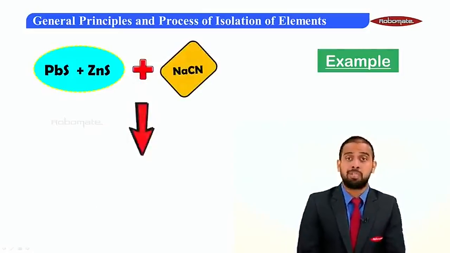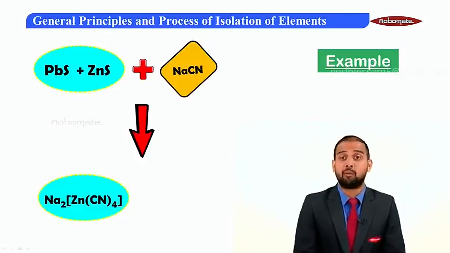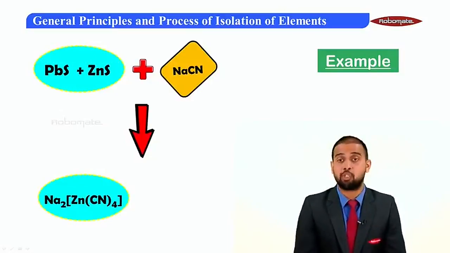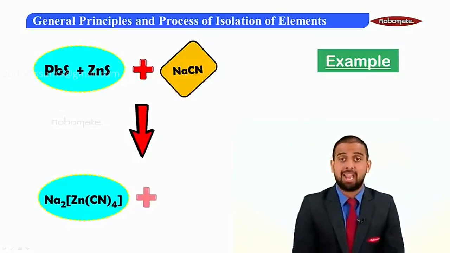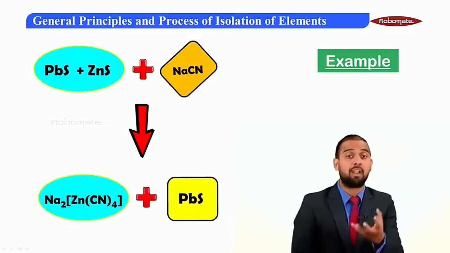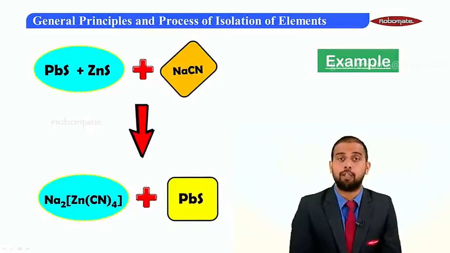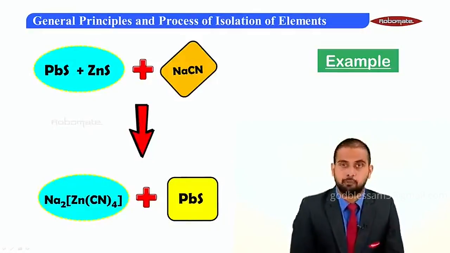This sodium cyanide will react with zinc sulfide and form a coordination complex, sodium tetracyanozincate, which is a water soluble compound, and the other ore, lead sulfide, is left behind, which will come with the oil. We can press it, clean it, and use it for the further recovery of the metal. So this is the practical example of froth flotation.